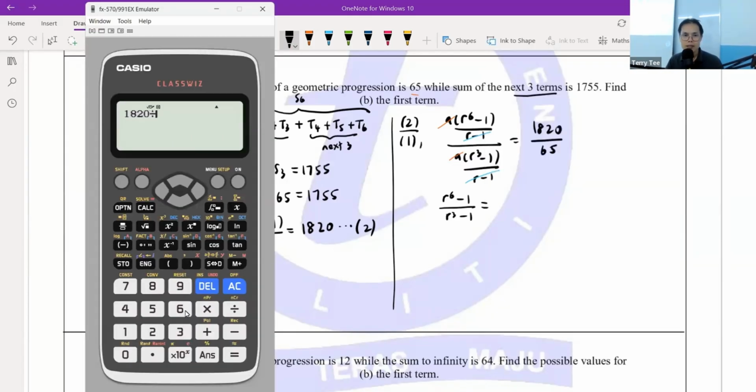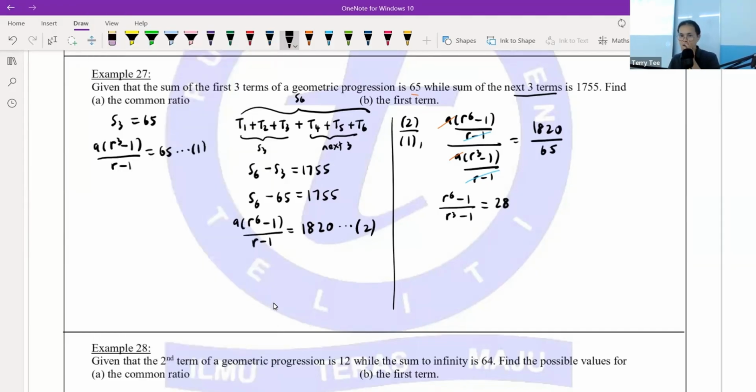1820, you divide by 65, you should get 28, right? So your r power 6, everybody, you can think of it as a squared minus b squared, where we can factorize to (a plus b)(a minus b). If you have r power 6, you can factorize to (r power 3 plus 1)(r power 3 minus 1).